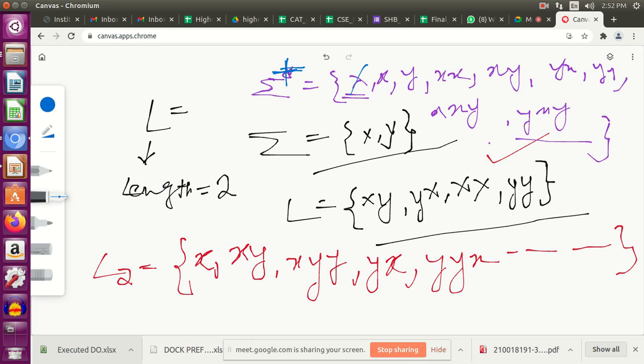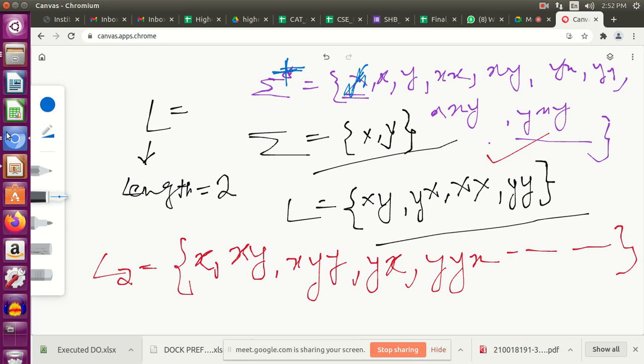The term was Kleene closure for sigma star. The term for this is positive closure, and the only difference is that in positive closure we do not have this lambda. It will start from x, comma y, comma xx, rest is same. It will contain all the combinations except this lambda or epsilon.